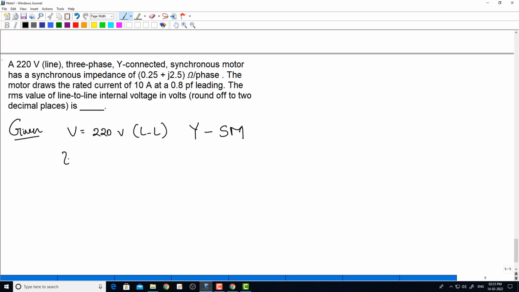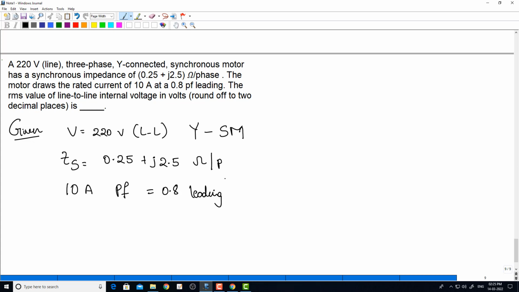Also, it is given that synchronous impedance is equal to 0.25 plus j 2.5 ohm per phase. And the motor is drawing 10 amperes current at a power factor of 0.8 leading.